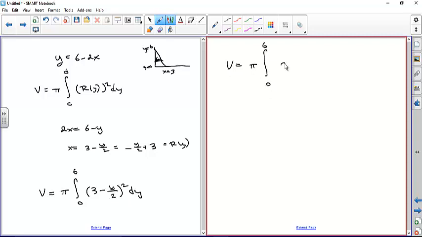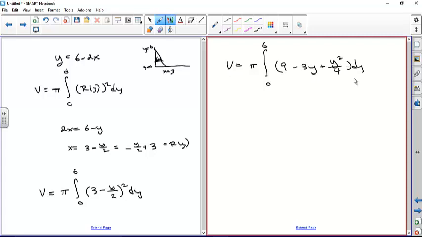So we'll get 3 times 3 is 9. Inner and outer, you'll get negative 3 halves y. So you get negative 3 halves plus negative 3 halves is negative 3. So you get negative 3y, and then you get negative y over 2 squared, which is going to be positive y squared over 4 times dy.